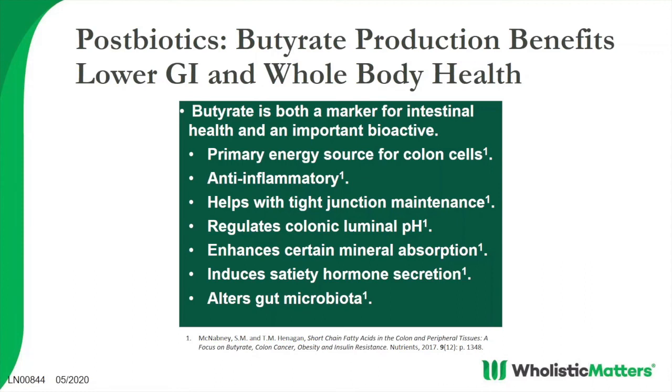It helps with tight junction maintenance. It regulates colonic luminal pH. So, as outlined earlier, that's really important in helping to support defense from various overgrowth of microbes. And it enhances certain mineral absorption. It induces satiety hormone secretion, and it alters gut microbiota. It helps keep a more anaerobic environment.